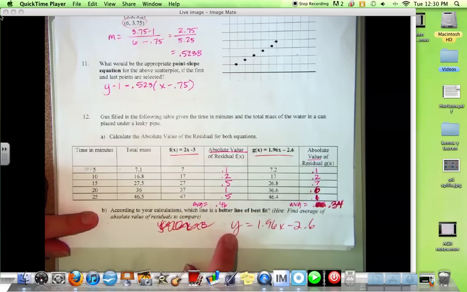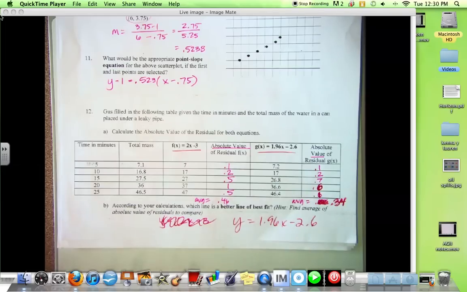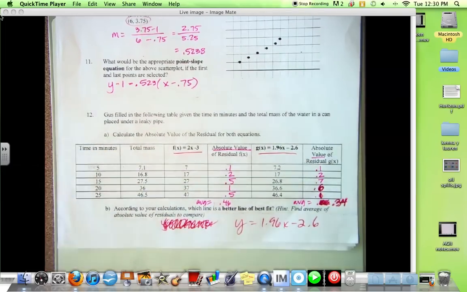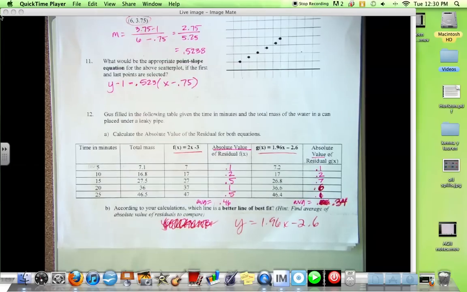So y equals 1.96x minus 2.6 is the better line. The smaller one's always the better line. Questions?